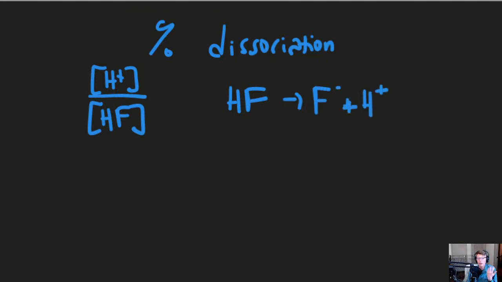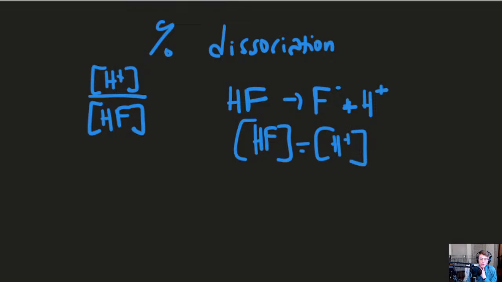And so if we had 100% dissociation, then the HF concentration would essentially be equal to the H plus concentration. That's kind of my thought process of what is going on with this particular problem. So I sort of chose to start at the end of the problem, which is the percent dissociation, and then work my way backwards from that thought process.